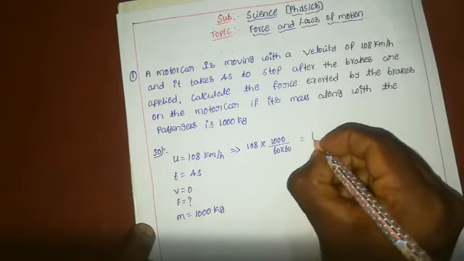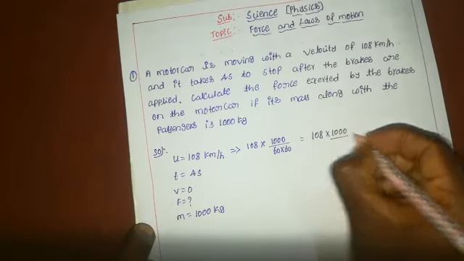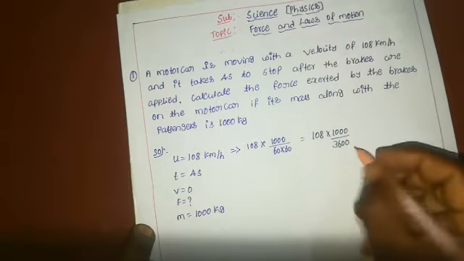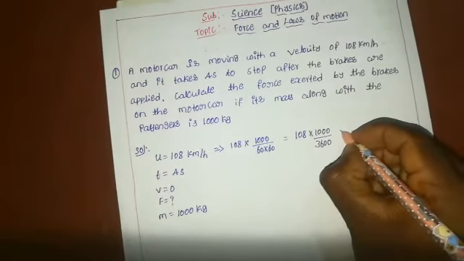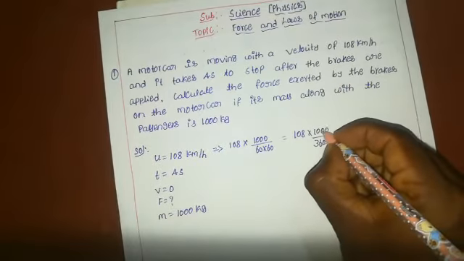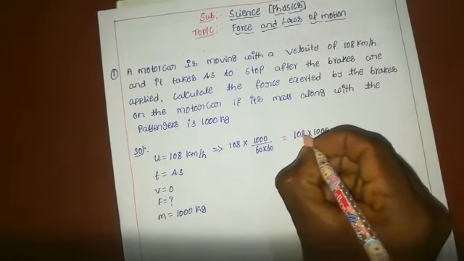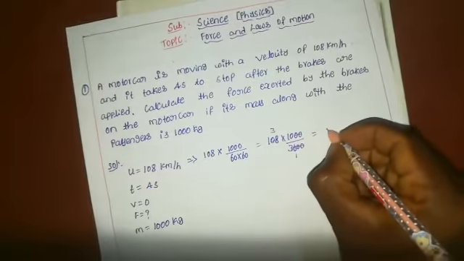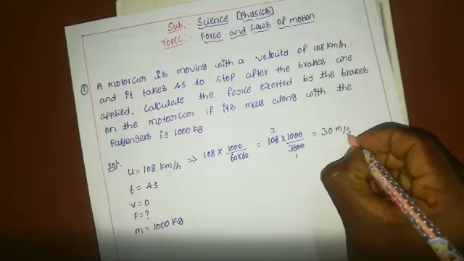That is equal to 108 into 1000 divided by 3600 seconds. For 1 hour 3600 seconds are there. Then the two zeros are cancelled, 36 ones are 36, 36 threes are 108. Now we get 3 into 10, that is 30 meter per second.